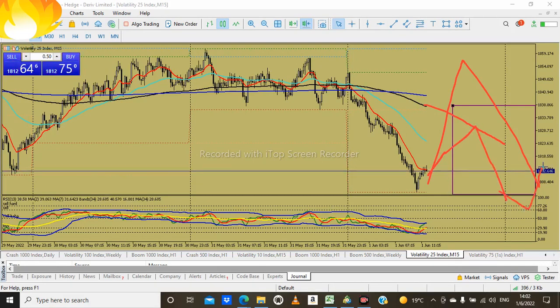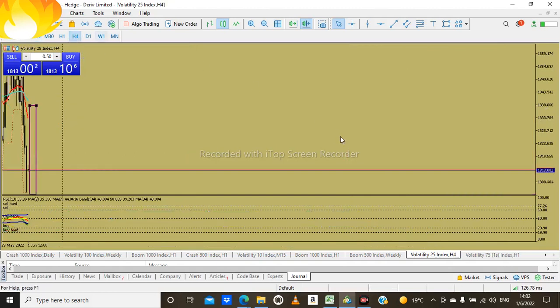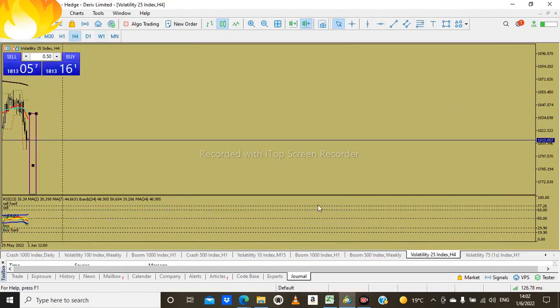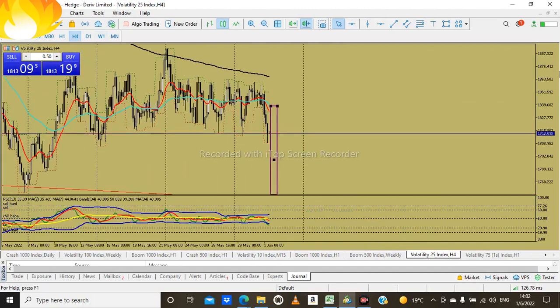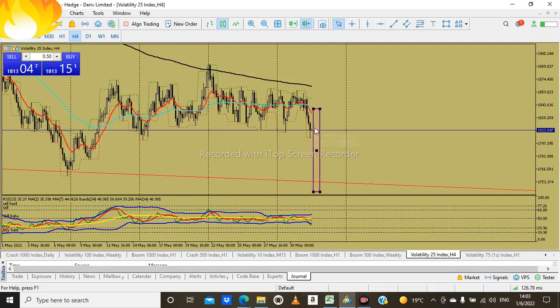So I'm biased for a sell, but then this is a bit too late for an entry. For now it's buying. TDI is telling us that it's buying, but I am biased for a long-term buy, but it has to fall down for quite some time for us to then make a decision, because like I said, it has to come down to that D4 trend line, D4 base, and this is actually so much money.